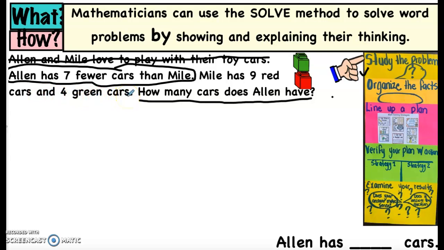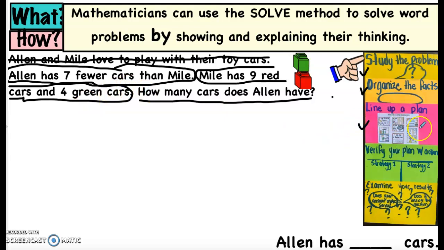Is that important information? I believe it is as well, so I am going to circle it. So remember, we're going to circle all important facts. Did you see, mathematicians, how we study the problem by underlining the question and making sure we understand what the problem is asking us? Then we organize the facts by circling all important facts. Now we need to line up a plan.